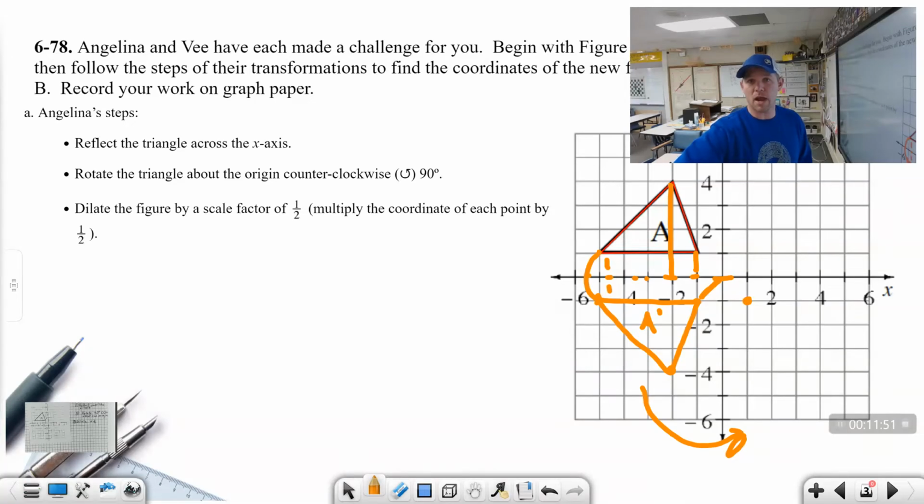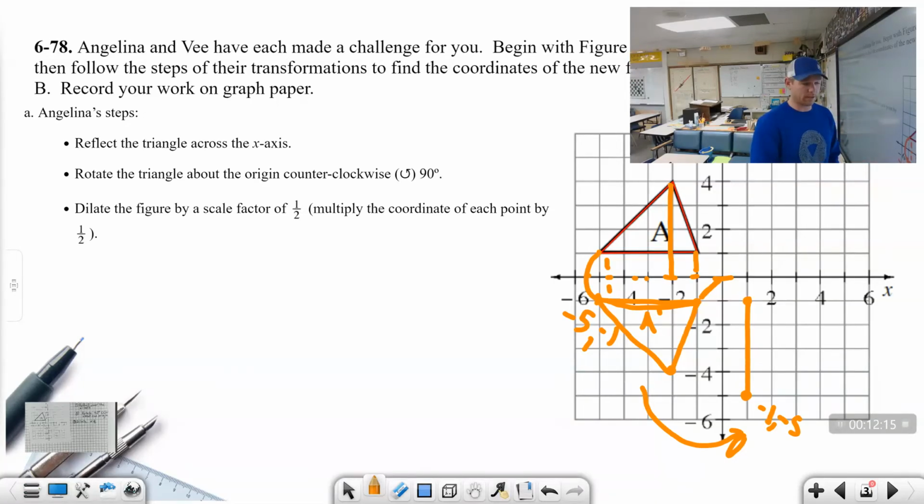You rotated it down. If I have this coordinate, -5, -1, instead of this line being horizontal, if it's rotating 90 degrees, it's going to now be pointing down. Notice the coordinate is now -1, -5.